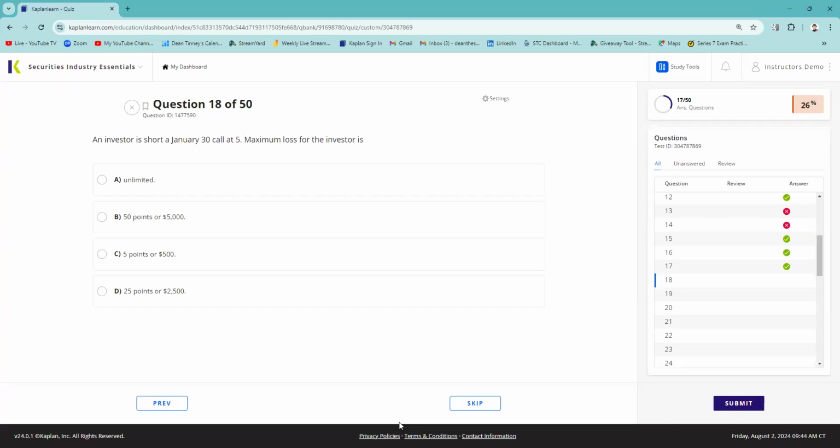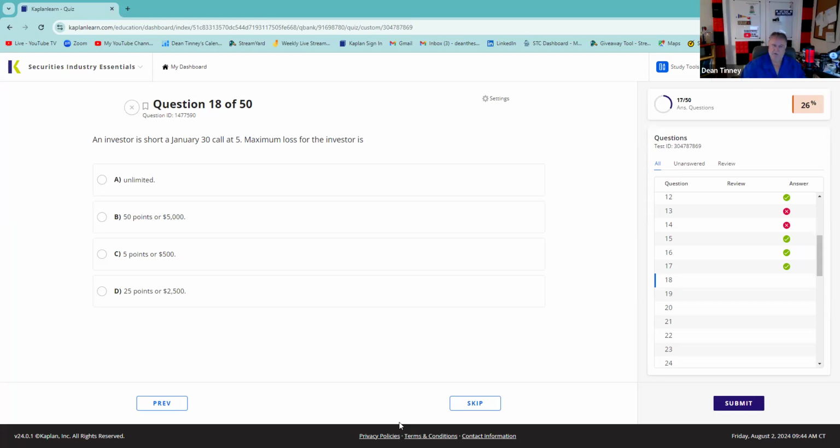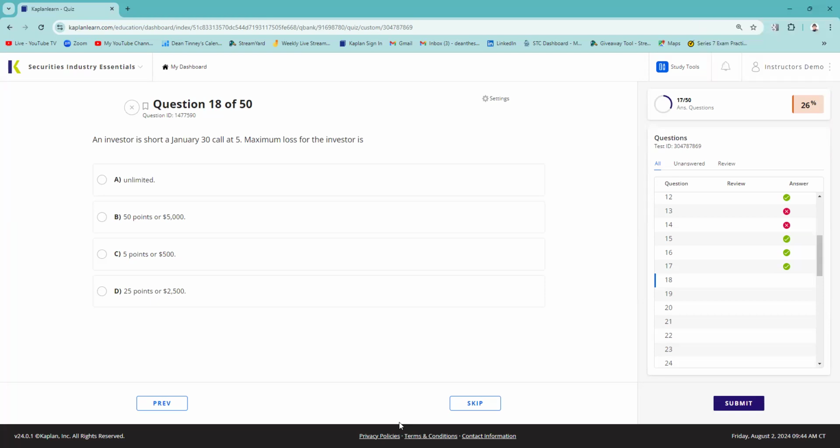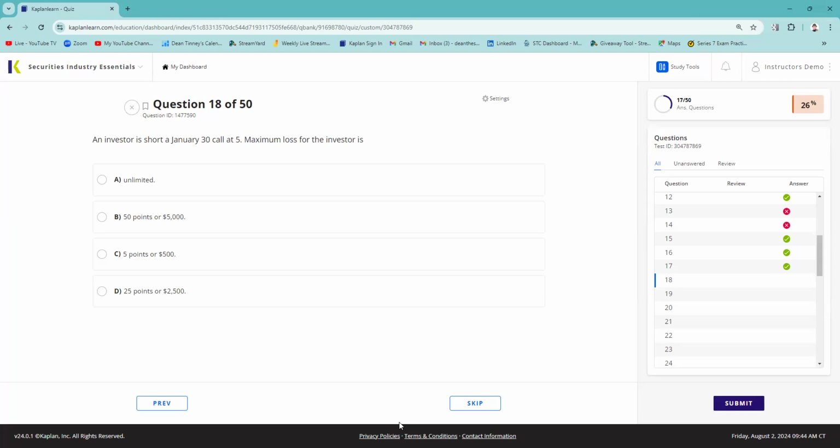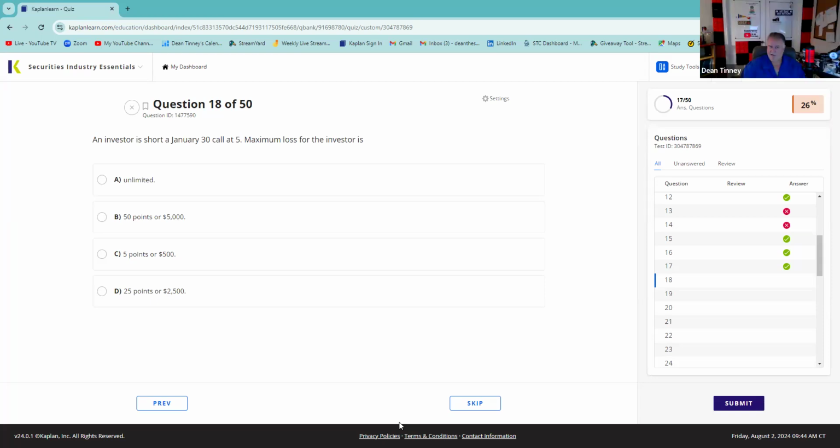It's not unlimited. It is unlimited. When you short a call, you obligate yourself to sell stock you don't own. So you said for $500, you would deliver that stock at 30 points. And that means you don't own that stock. So if you get exercised, you're going to have to go in the open market and buy that stock.